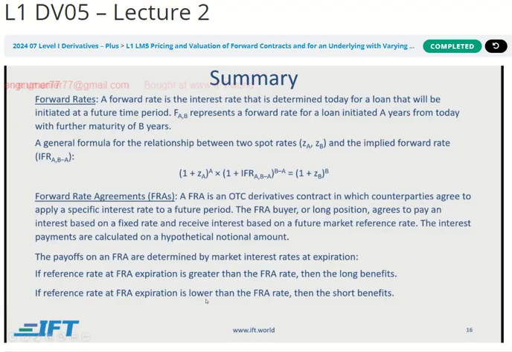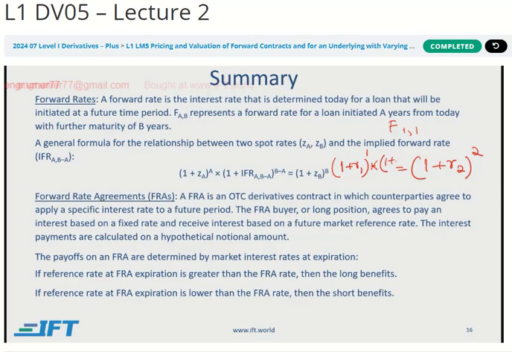Forward rates are a very interesting concept. Let's say, for example, we want to find out what the rate will be for a loan starting after 1 year for a period of 1 year. First we ask, what is the rate for 2 years, and we square that, and we take the rate for 1 year and multiply it with another rate for 1 year.